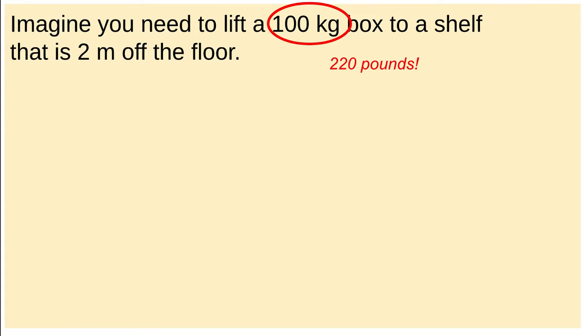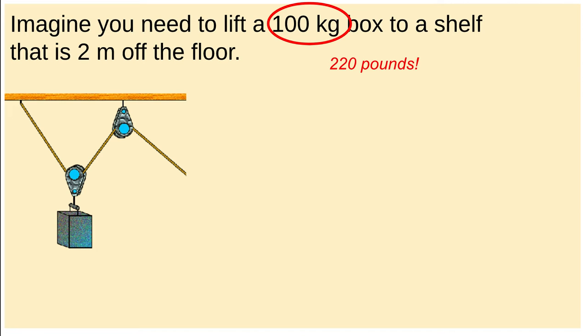Well, that's a lot of weight. 100 kilograms actually weighs 220 pounds in our everyday units. And maybe you can lift 220 pounds 2 meters above your head and so forth, but I don't think I could. And so that's where a machine would come in handy.